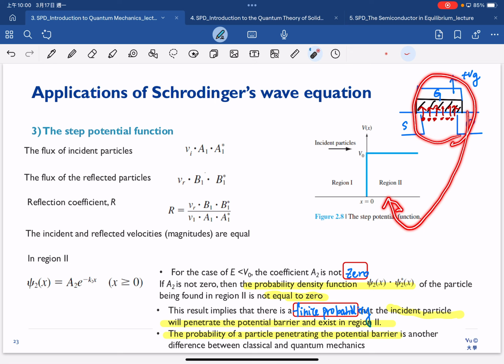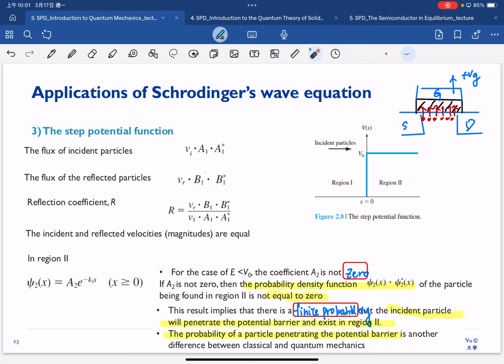That's why we have to spend time talking about the step potential function, and why we take the time to explain this case, because in reality it will happen. We apply the positive gate bias, so we have the incident particles, which are full of electrons. We try to inject them into our dielectric, which can be considered as another step potential barrier.